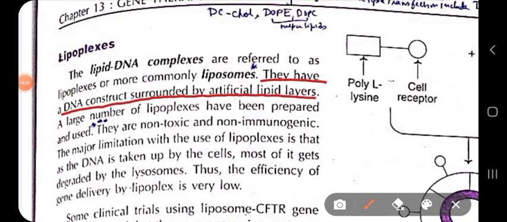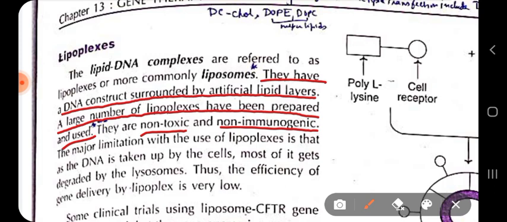So we have our desirable therapeutic gene, surrounded by artificial lipid bilayers. A large number of lipoplexes have been prepared and are being used. These are non-toxic and non-immunogenic, meaning they will not cause any immune response when administered into the cells.